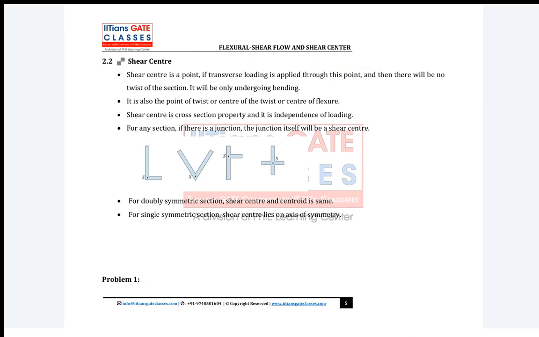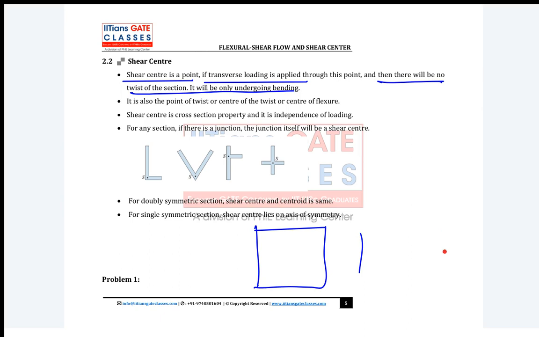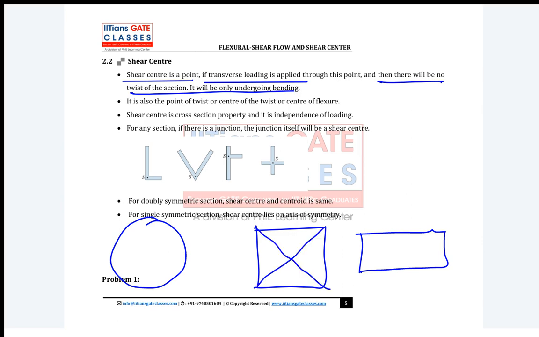Let's see what the shear center is. Shear center is a point such that if a transverse load is applied through this point, there will be no twisting, only bending. Now guys, if you take a simple square section, rectangle or circle and find the centroid, these are doubly symmetric sections, so this centroid itself is the shear center.